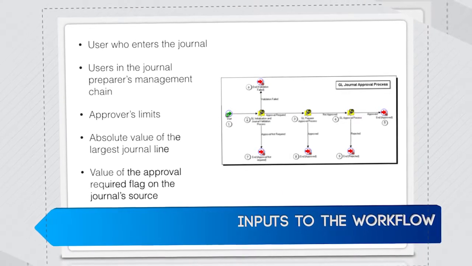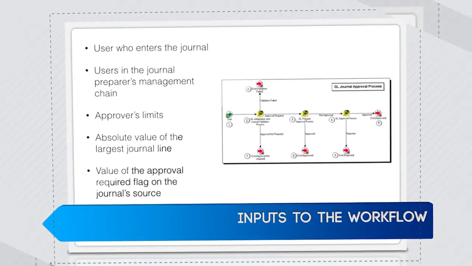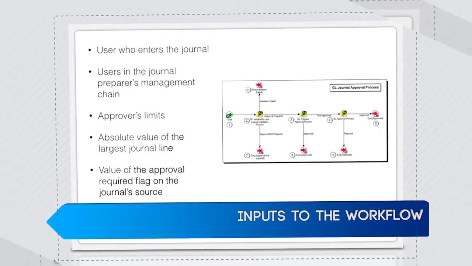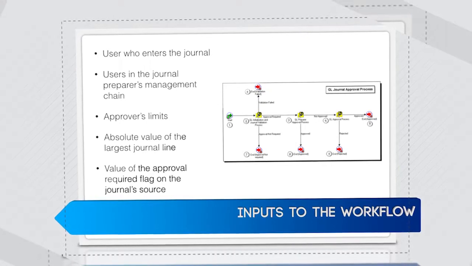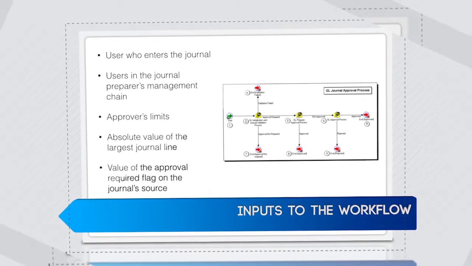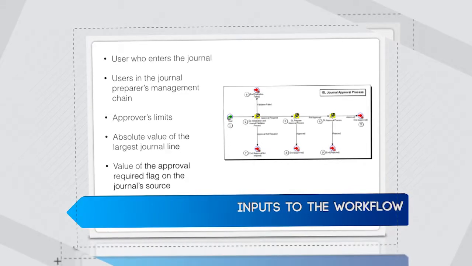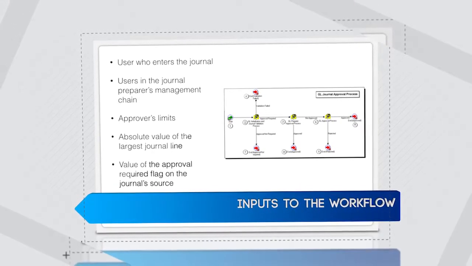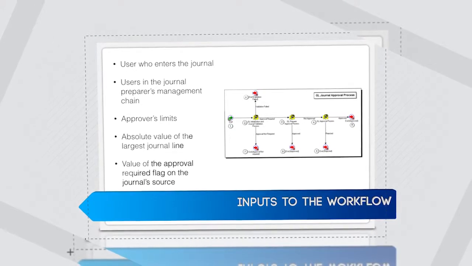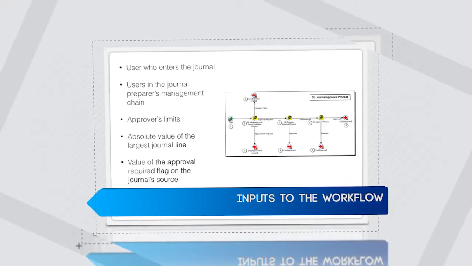But what it does is it looks at each line on the journal entry, and then it determines based on that line, the largest line, the absolute value of the largest line, who should be approving it based on their limit. And not every journal entry is subject to this approval. That's controlled through a journal flag or approval flag on the journal source.